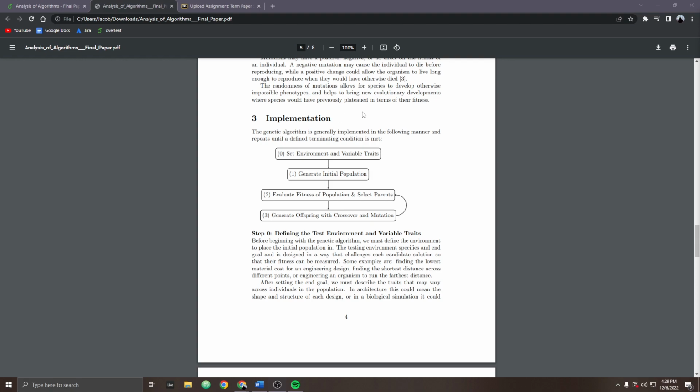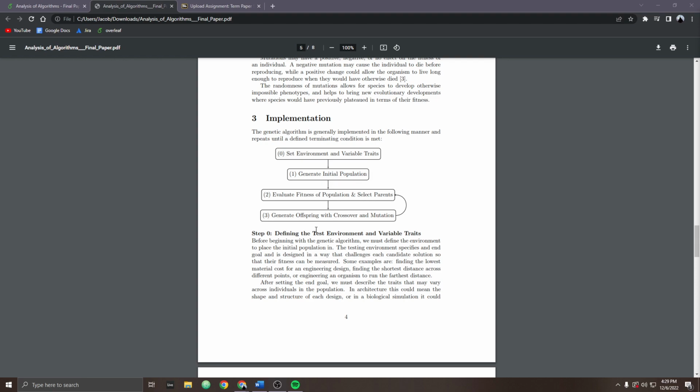So, of course, the main point is how the algorithm implements this, and we have to start off by defining an environment, and then after that we create an initial population of test solutions. So after the test solutions are created, you evaluate each of their fitness, and the strongest of those, the ones with the highest fitness, are selected as parents, while the weakest die off.